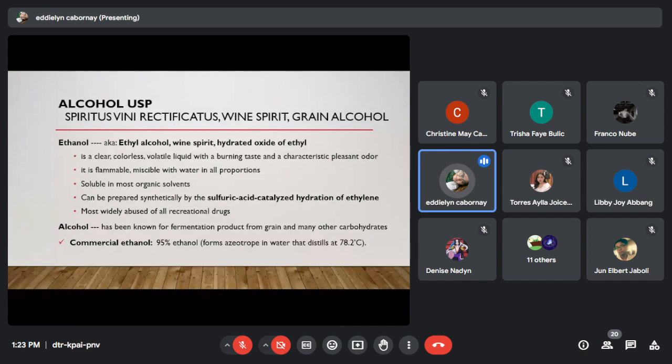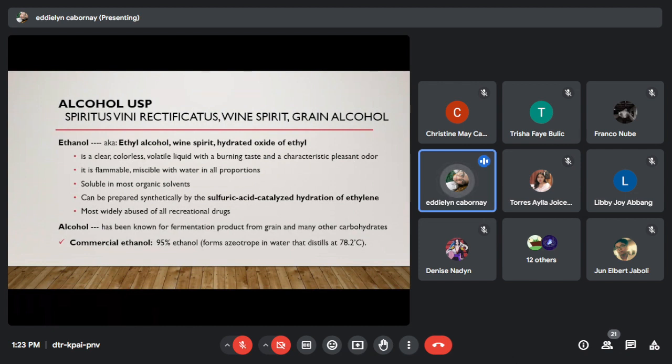Commercial ethanol is 95% ethanol, which forms an azeotrope in water that distills at 78.2 degrees Celsius. What do we mean by azeotrope? An azeotrope is a mixture of two liquids that has a constant boiling point and composition throughout distillation.